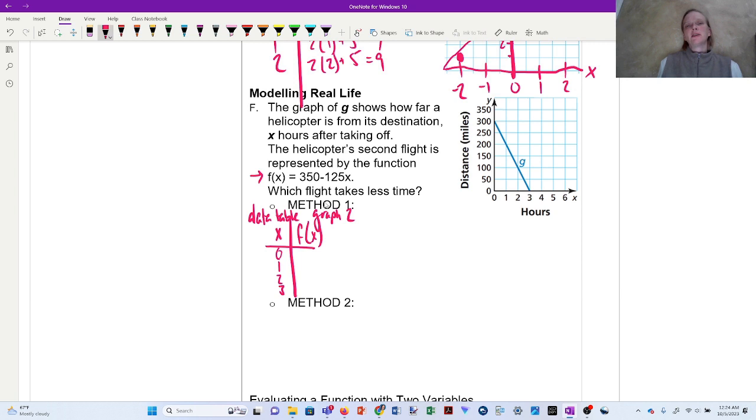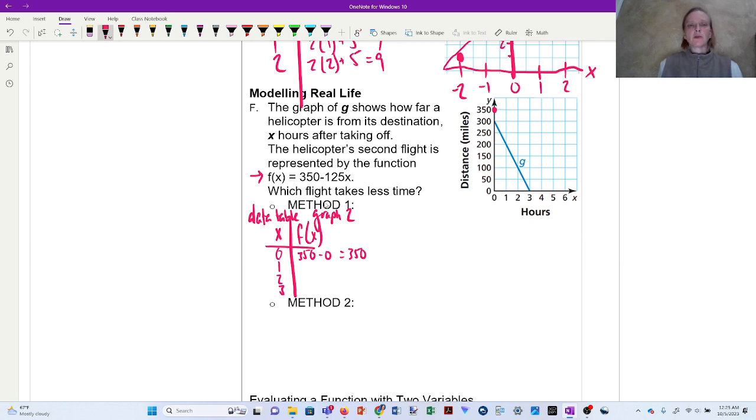So when x is 0 and I plug 0 into this equation, I'm going to do 350 minus 0 because 0 times 125 is just 0. So when I do that subtraction problem, I'm going to get just 350. So there's going to be a data point at 0 and 350 right here.